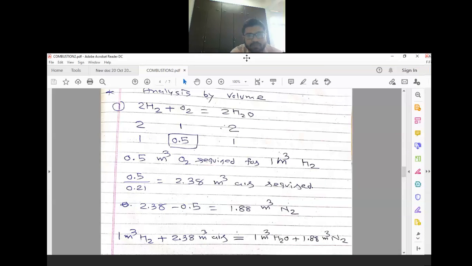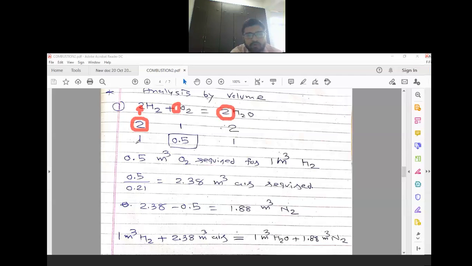Now here you can see 2H2 plus O2 is equal to 2H2O. I told you that you just have to write down the number which is present here. Here 2 is there, that's why you have to write 2. Here nothing is written, means it is 1. Here 2 is there, so you have to write 2.